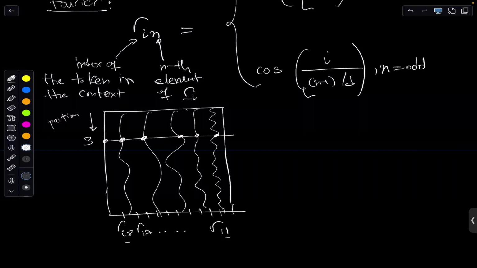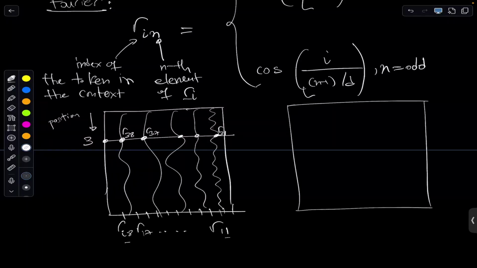So this is your R_38, this is R_37, and so on. This is basically your R_31. That doesn't really make a lot of sense as to why this construction is carrying any positioning information. And I think in Bishop's book, it's very well described why this is the case.